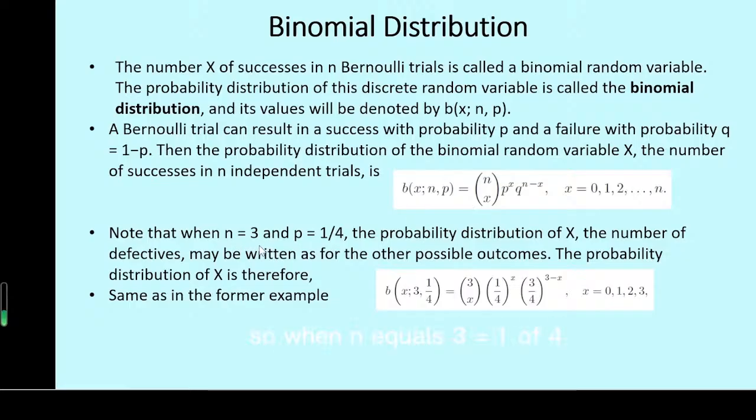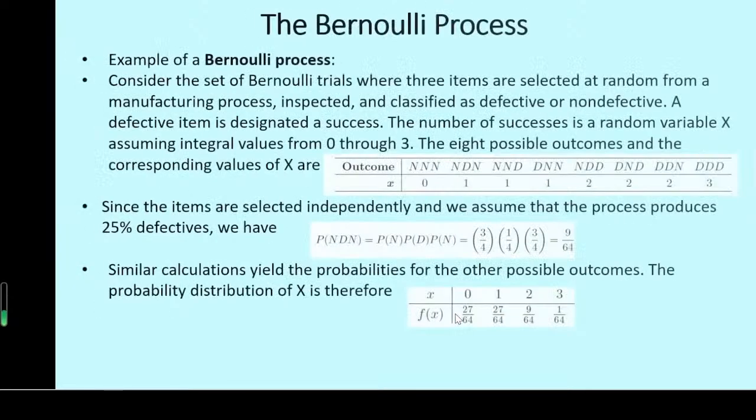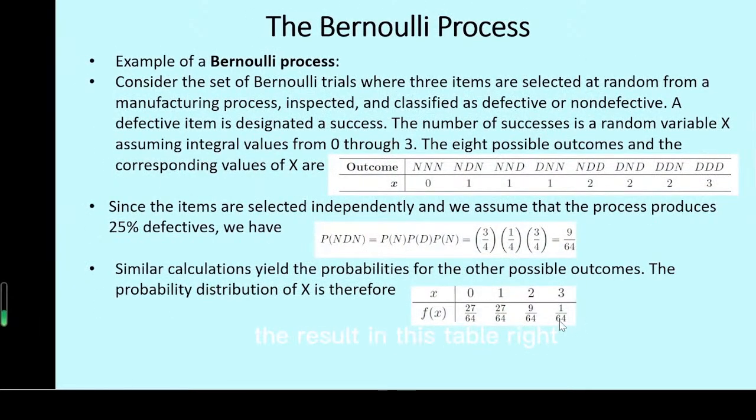So when n equals 3 and p equals 1/4, the probability of X, the number of defectives, can be calculated as b(x; 3, 1/4) equals C(3, x) times (1/4) to the power x times (3/4) to the power 3 minus x. X can be 0, 1, 2, 3. So this formula gives the result in this table, right?